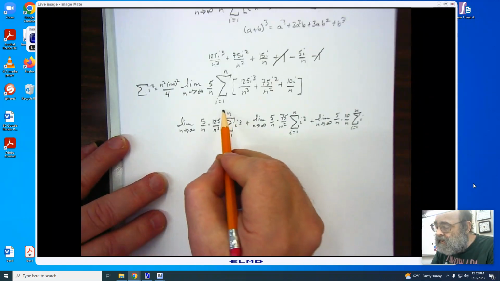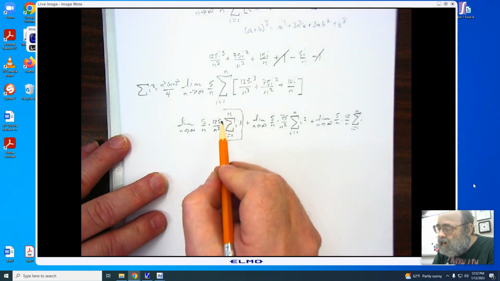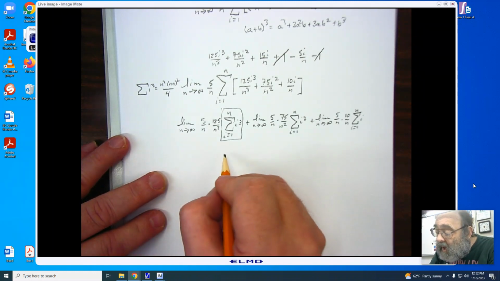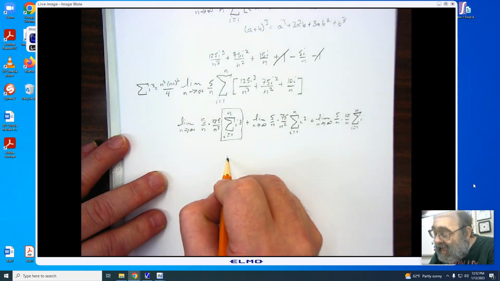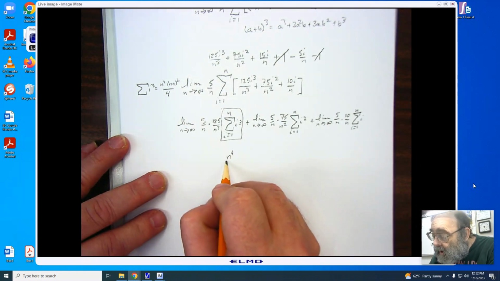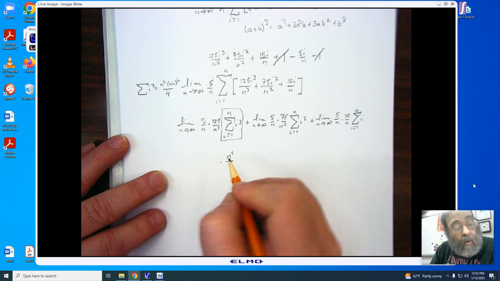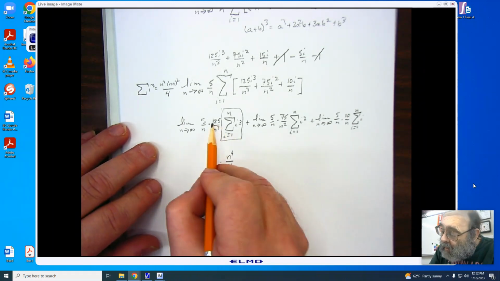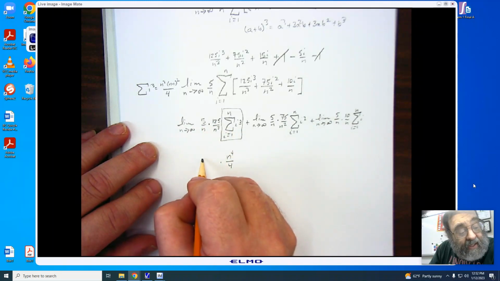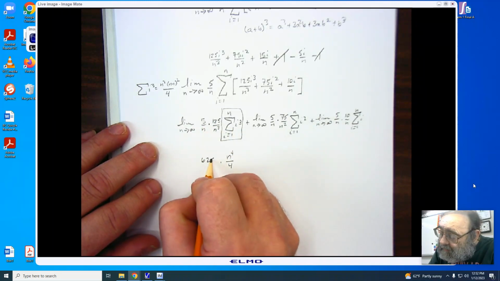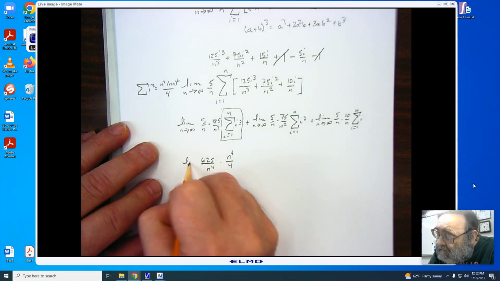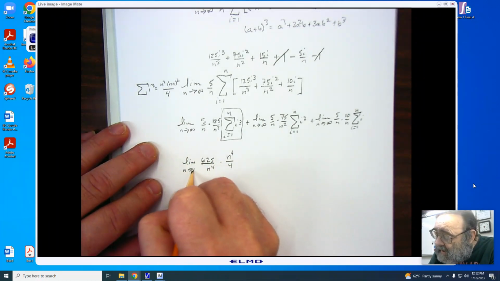So I'm going to replace this piece here, the summation of i going from 1 to n for i cubed, with only the highest power. That is n to the 4th over 4. We're then going to multiply, and as we do, our 125 times 5 is 625, and I have n to the 4th down in the bottom for the limit as n approaches infinity.